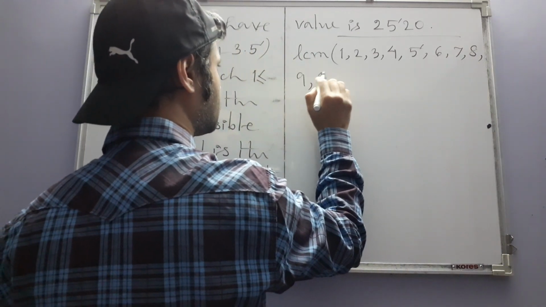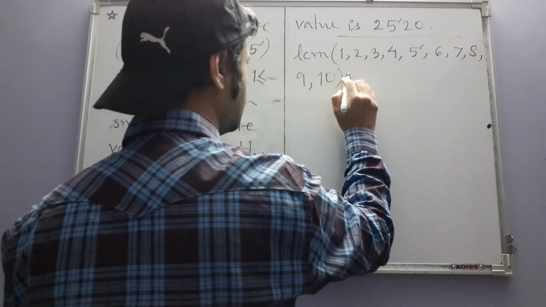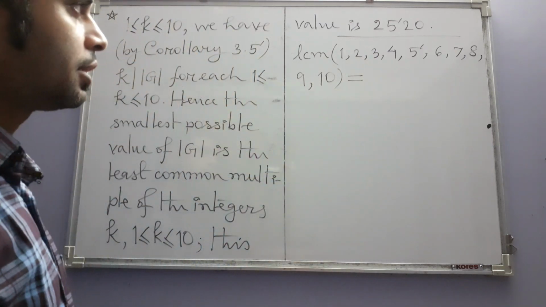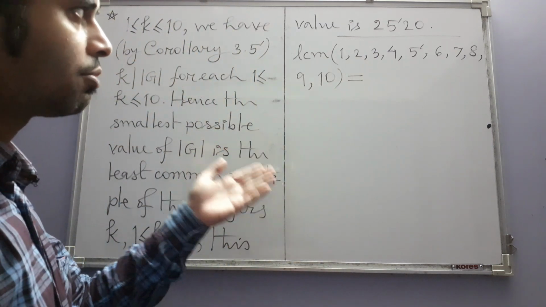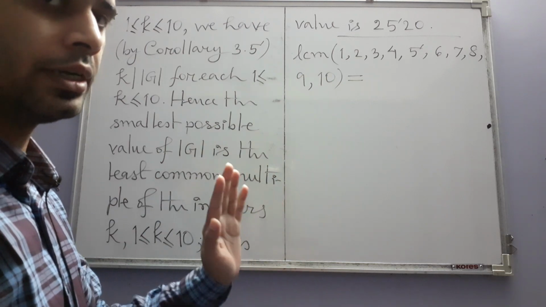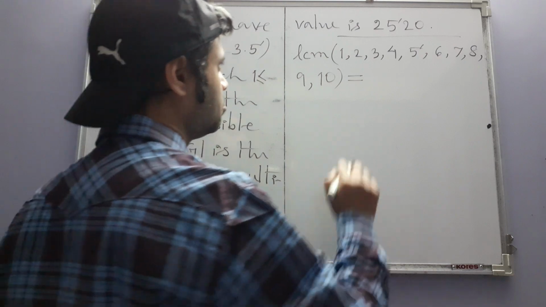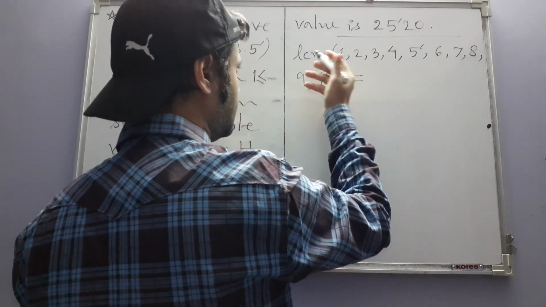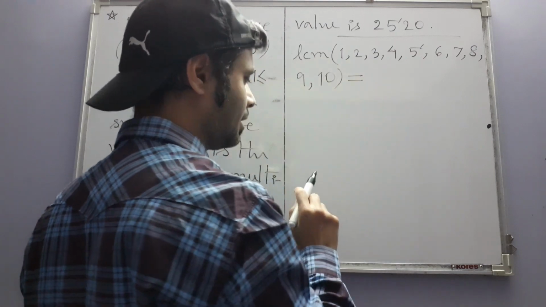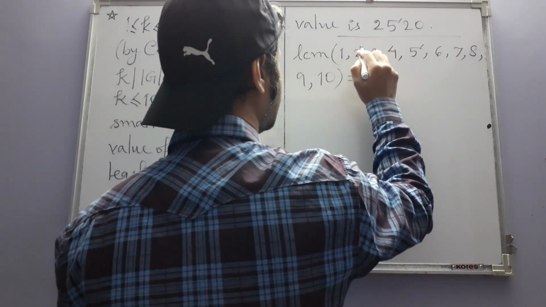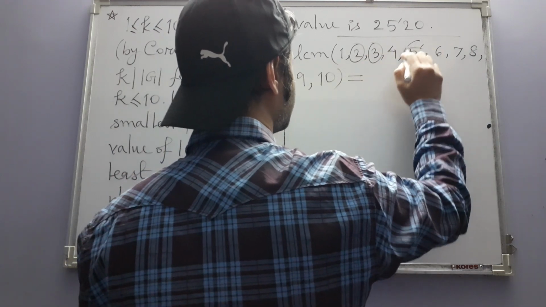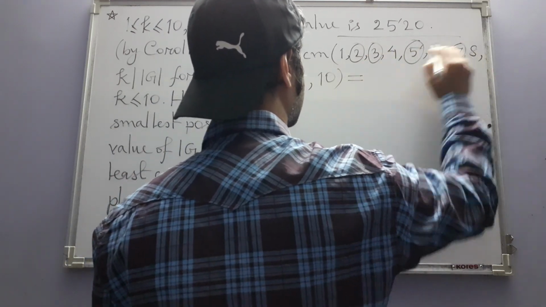You consider the prime powers that appear in these integers. 1 will simply vanish in this process; it does not contribute anything. But we have the primes 2, 3, 5 and 7, these 4 primes we see among these numbers.